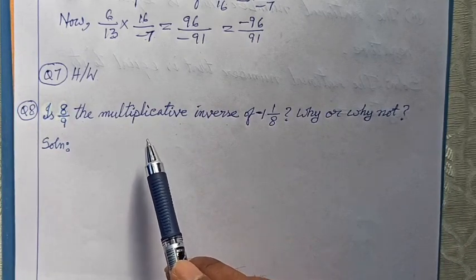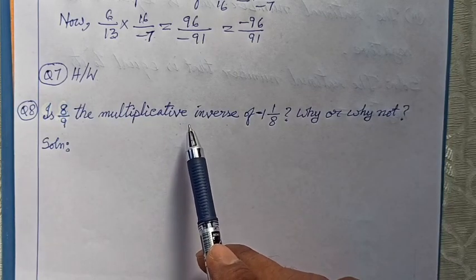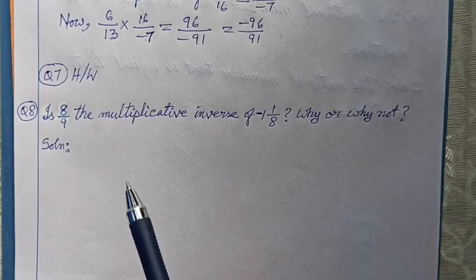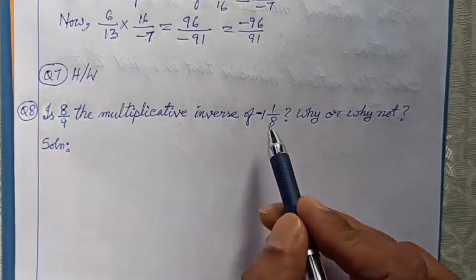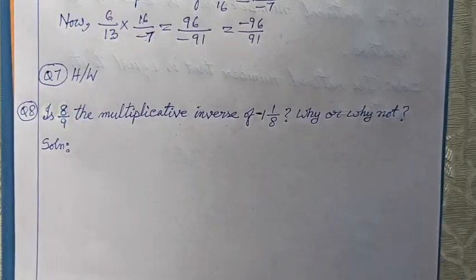If a number and its multiplicative inverse are multiplied, then the answer must be 1. Note that 8 by 9 is the reciprocal of the given number. If we multiply these two numbers, let us calculate here.